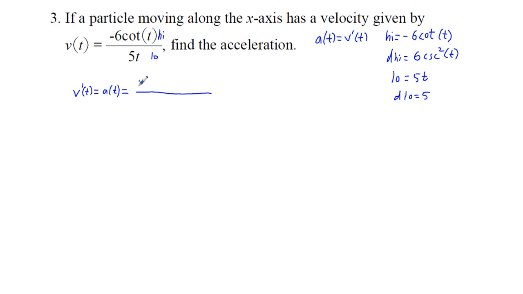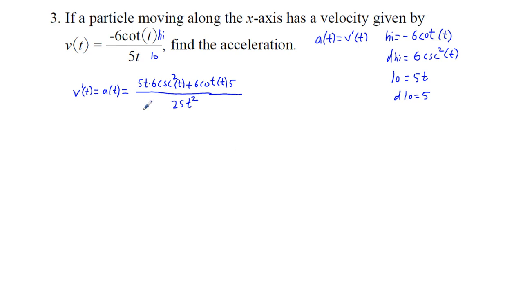Low, which is 5t, d high, which is 6 times 6 cosecant squared t, minus high, and our high is -6 cotangent t, so minus negative, that will be positive 6 cotangent t, d low, which is 5, and all over low squared, so we'll have in the denominator 25 t squared.